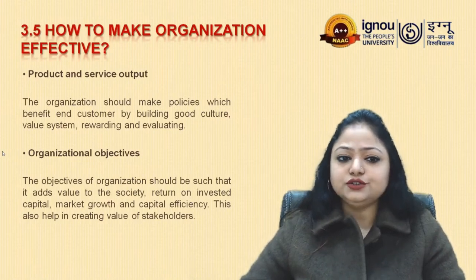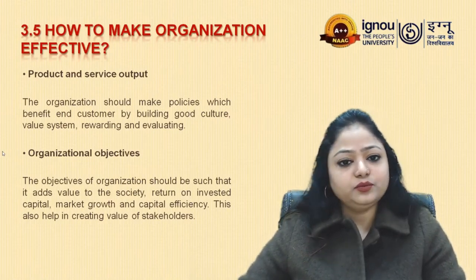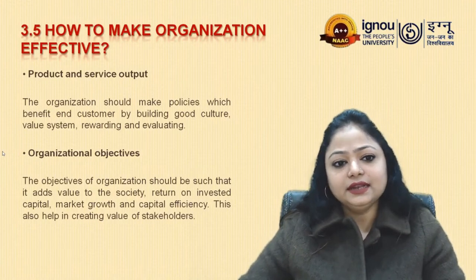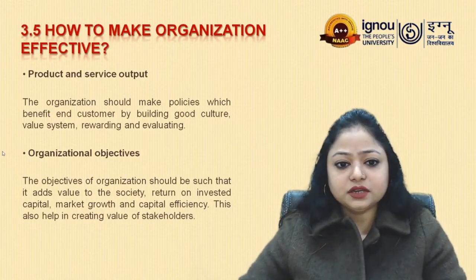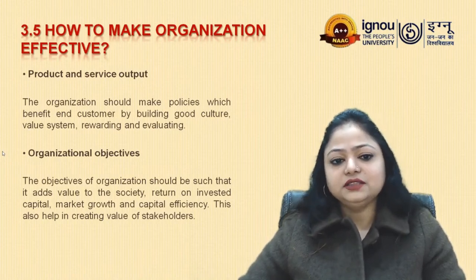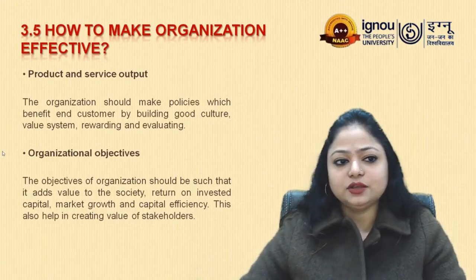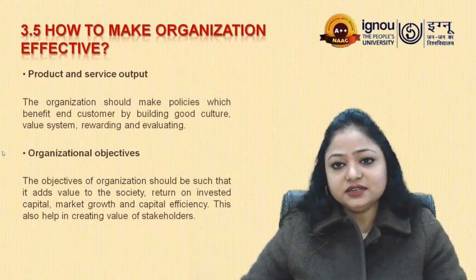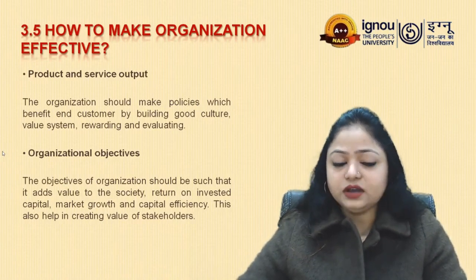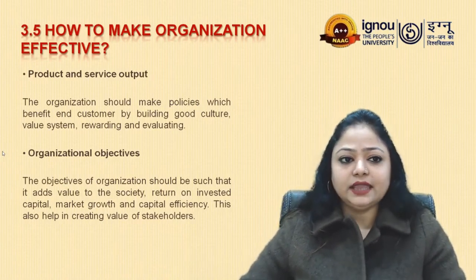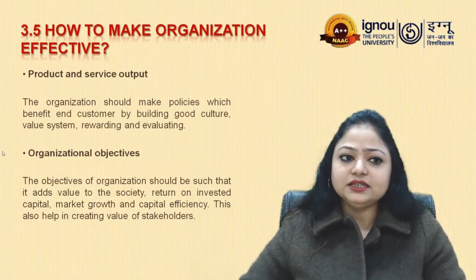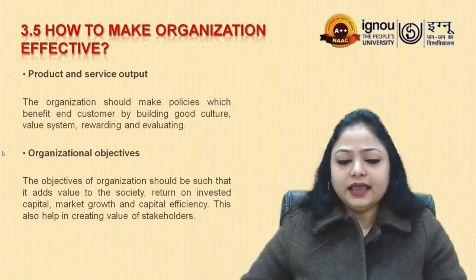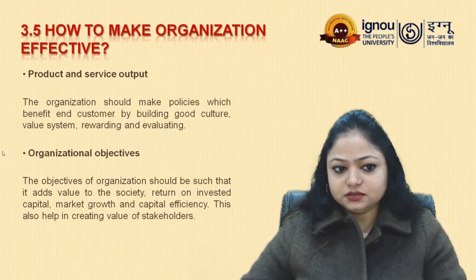So organizations should make certain policies which benefit the end customer by building a good internal culture, internal value system, rewarding the employees and evaluating their performances, and thus leading to better product and service quality. So, if product and service quality are focused upon and steps are taken, then the organization could be an effective one in the long run.